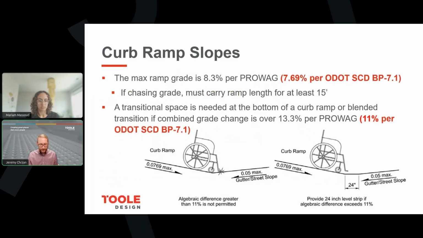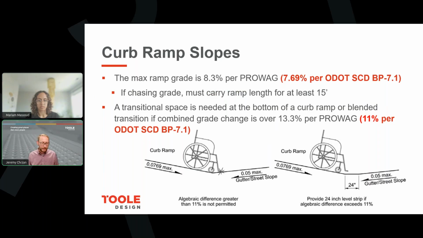We already talked about that change in grade at the bottom of the ramp. It's important to note from the slope of the ramp that you are striving to meet that maximum allowable, whether it's ODOT's or PROWAG's, and that you are required to chase grade for as much as 15 feet.